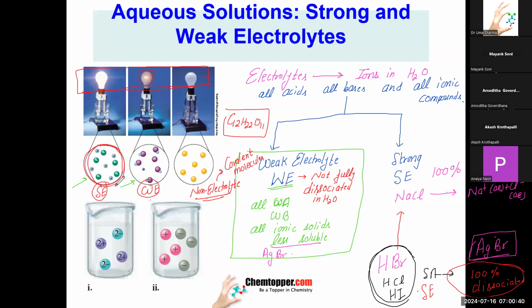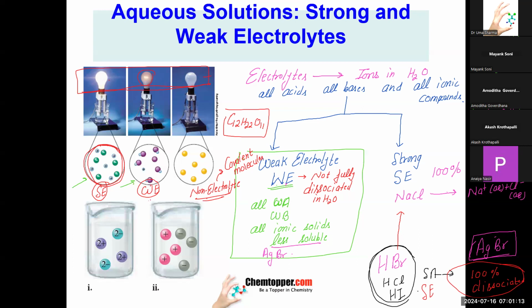Mayank, where are free electrons? Am I showing you any free electrons? With NaCl, do we have free electrons here, Mayank? So NaCl is a good conductor of electricity in water, not because of free electrons. It is a good conductor of electricity because it's a very strong electrolyte. It's going to dissociate 100% into water. So who can conduct electricity due to free electrons?